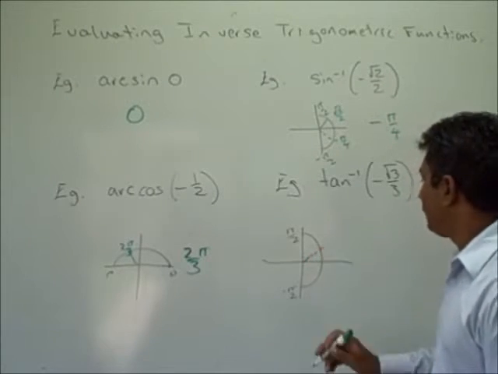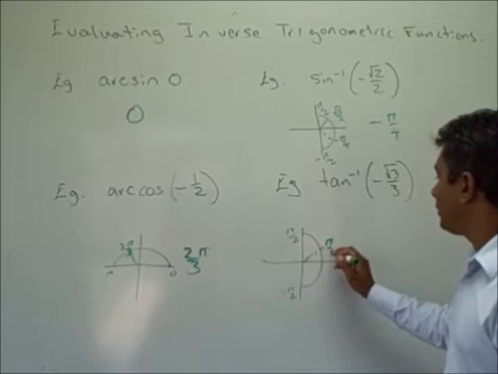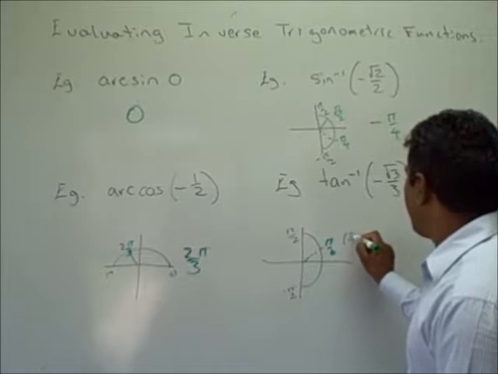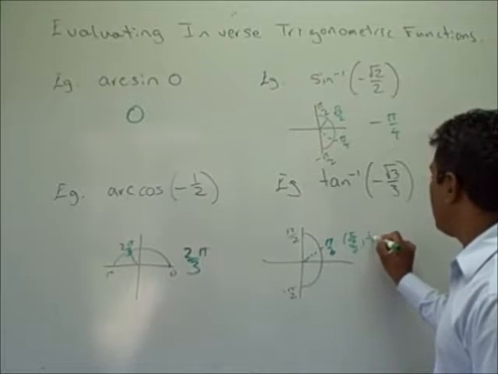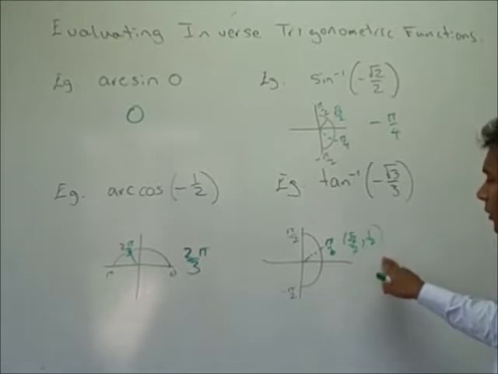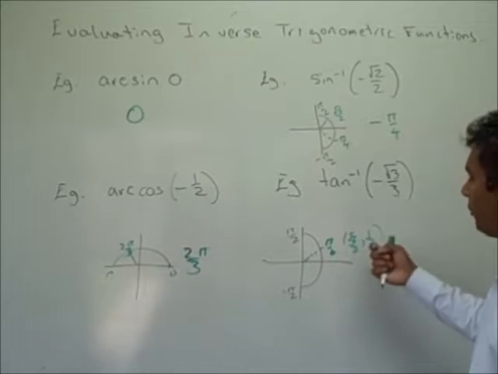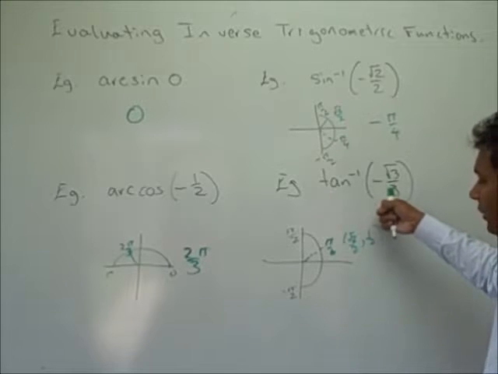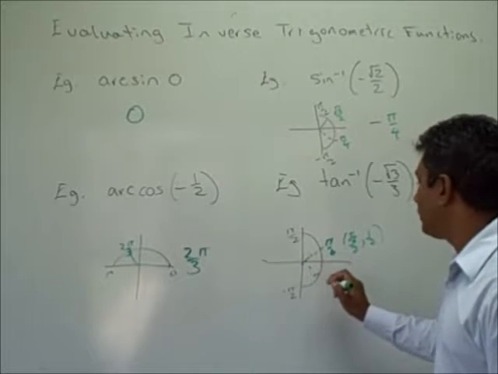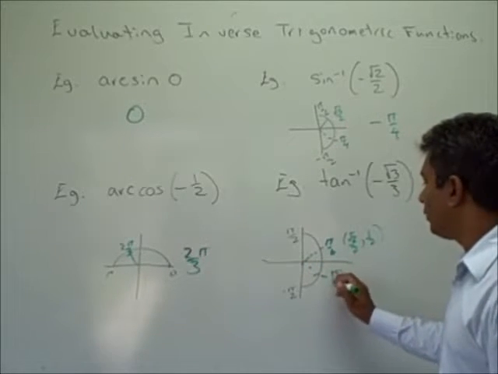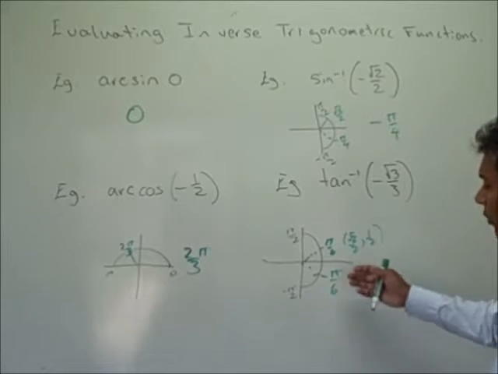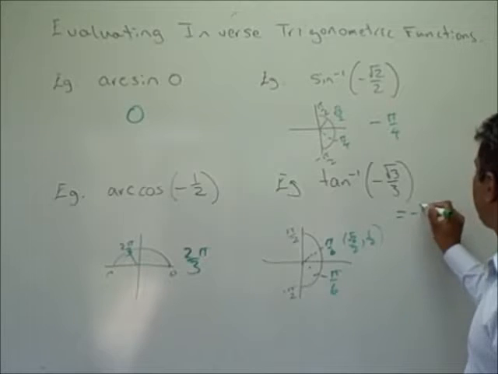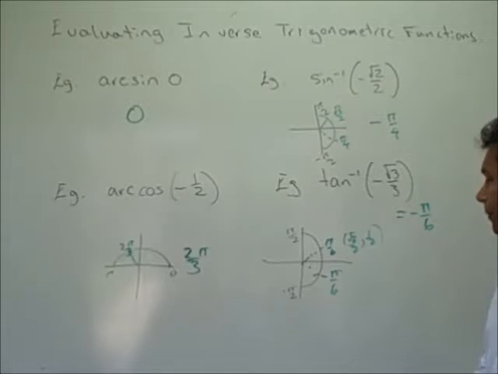We know when we have pi/6, here we have the square root of 3/2 and 1/2 for the cosine and sine. Dividing sine by cosine, we get the square root of 3/3. Since this is negative, our angle must then be -pi/6. So -pi/6 would be our answer to this.